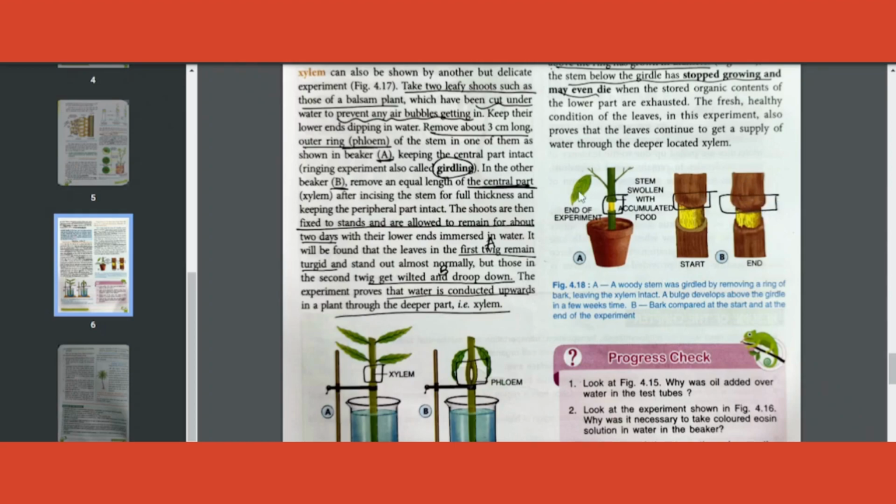Why is it swelling up? Because whatever the leaf has made, it is transporting downwards through phloem. But when it reaches this area, no more phloem is there to conduct it down. So it gets stuck over here, resulting in a swollen stem.